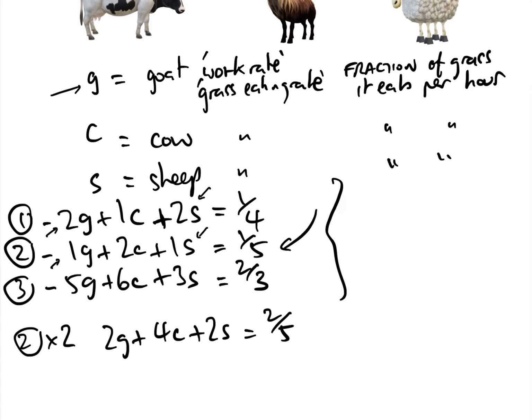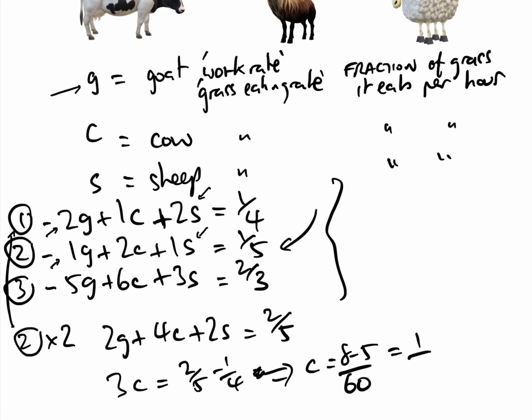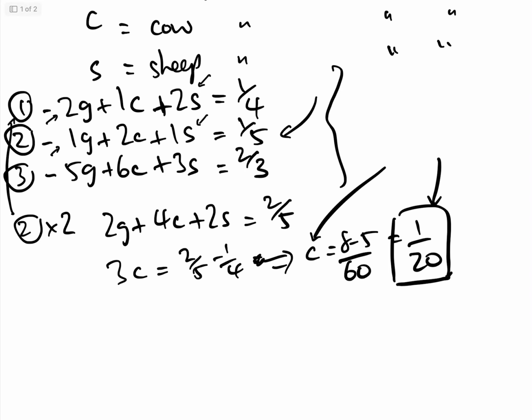And then if we take 2 take away 1, that gives us that 3c equals 2/5 minus a quarter, which implies that c equals (8 minus 5) over 60, which equals 1/20. So therefore, what have we found here? We found that the fraction of the patch of grass eaten by the cow in 1 hour is 1/20 of the patch.